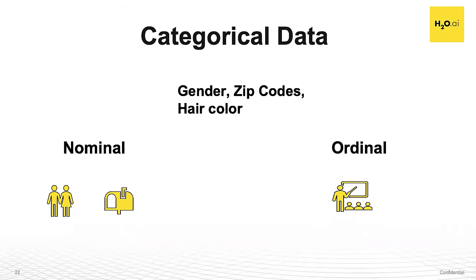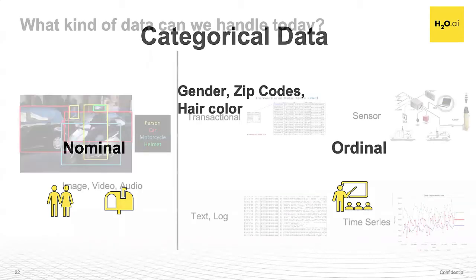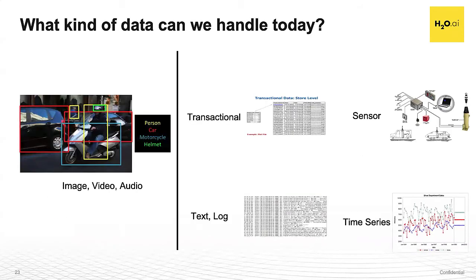So this was about the numerical data that we have. The other data that we can handle today is image data. We could feed in images. We could feed in videos, audio transcripts. We could have, again, text data for NLP or text classification. We have sensor data.